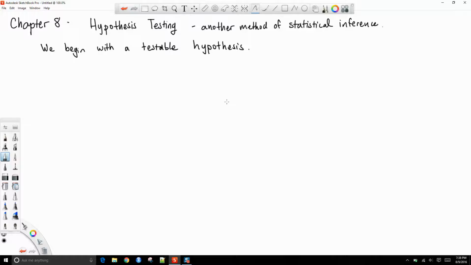And when we say testable, we mean it can be disproven or at least contradicted, okay?